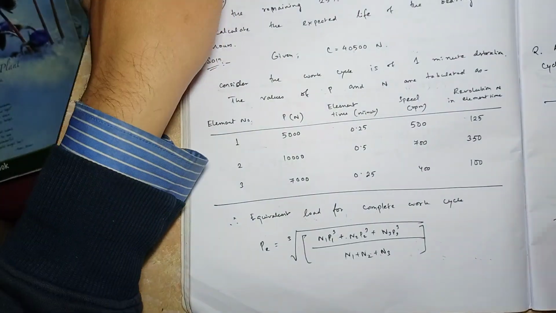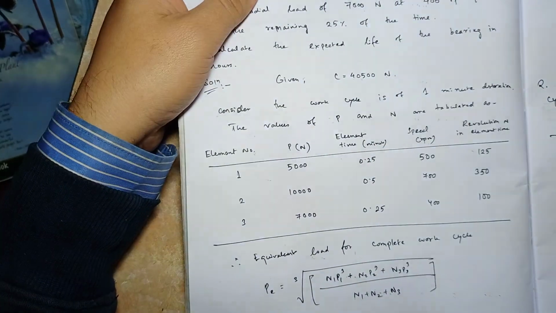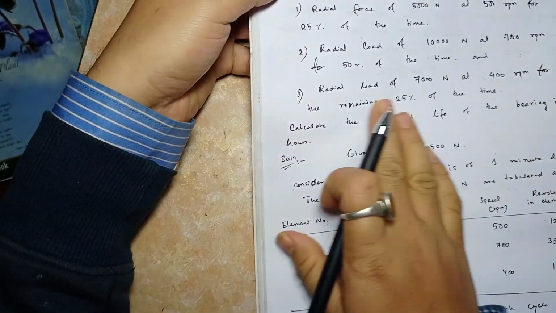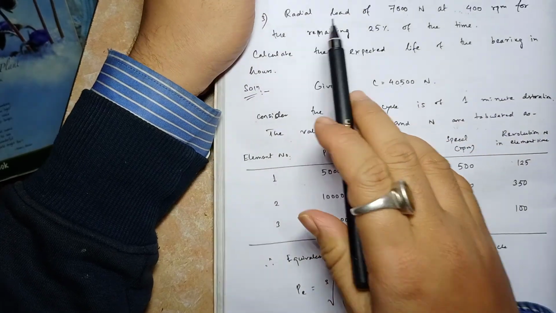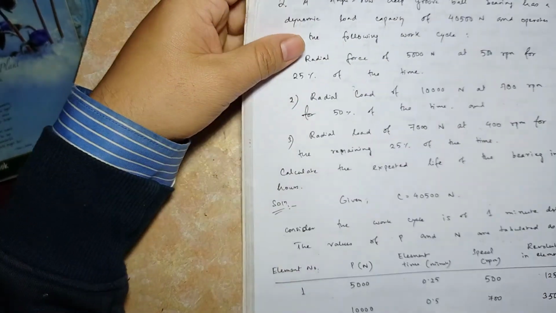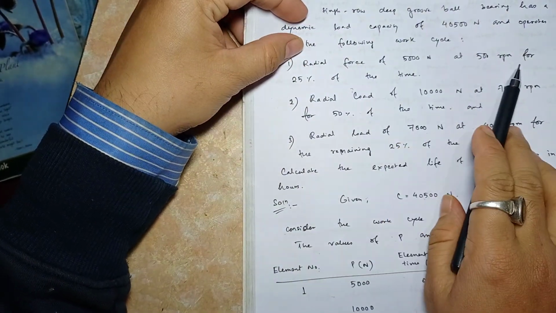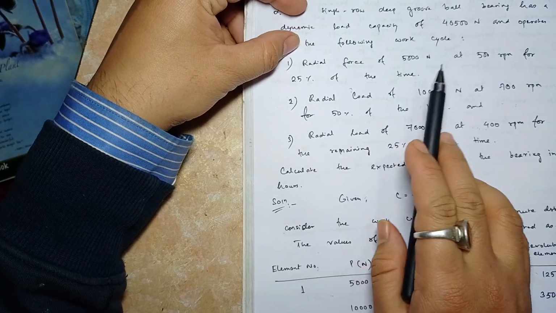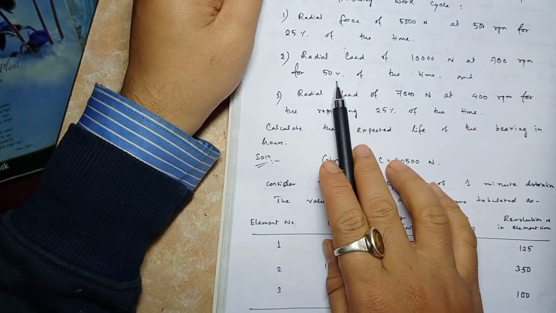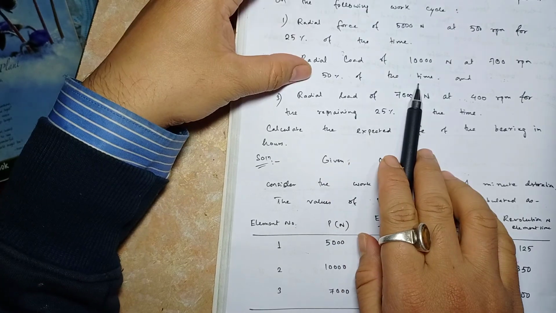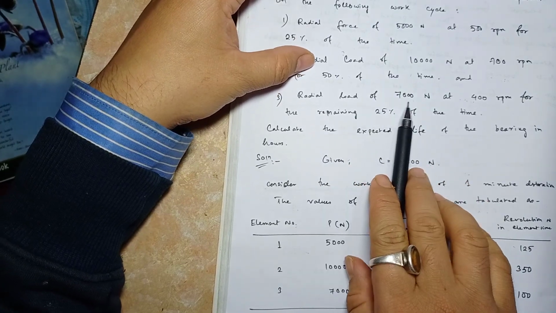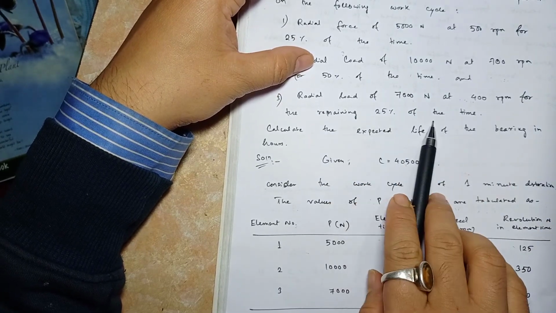Now for this numerical, you just read the numerical for a deep groove ball bearing. The radial load is 5000 at 500 rpm for 25% of the total time. The radial load is 10,000 at 700 rpm for 50% of total time, and the radial load is 7,000 at 400 rpm for 25%.